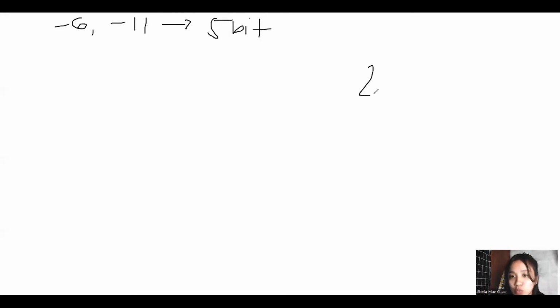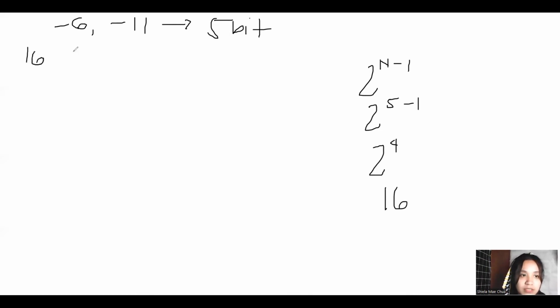Now let's work on some other examples using the sign magnitude method. Let's express the following negative numbers in binary: negative 6 and negative 11 using 5 bits. Basically 2 to the n minus 1, 2 to the fifth minus 1, is 2 to the 4, which is 16. So right here we have 16, 8, 4, 2, and 1.